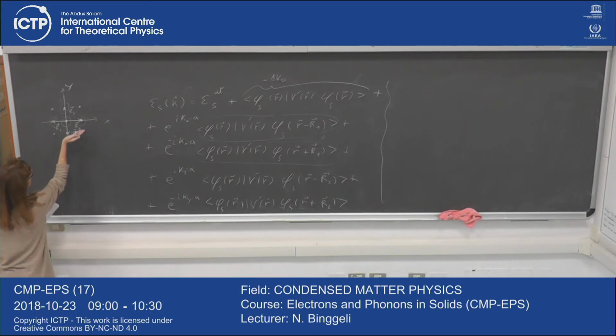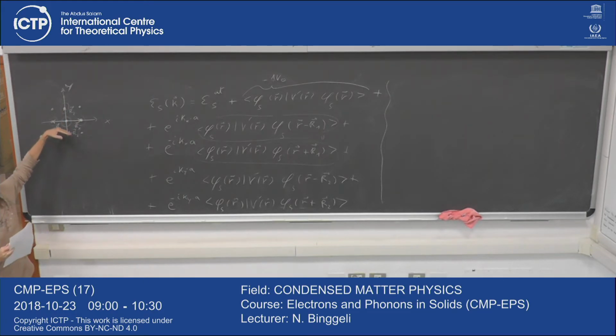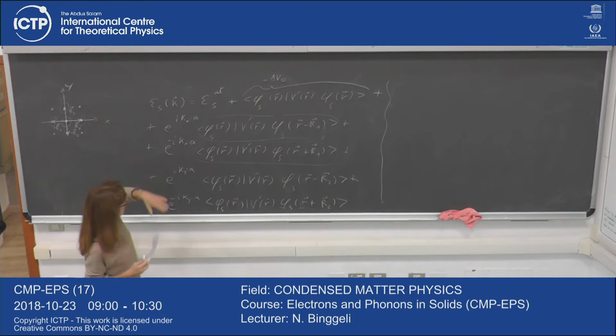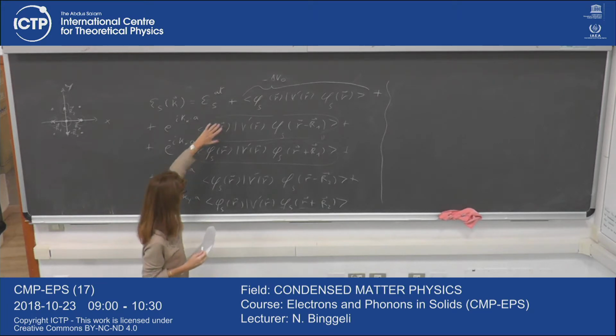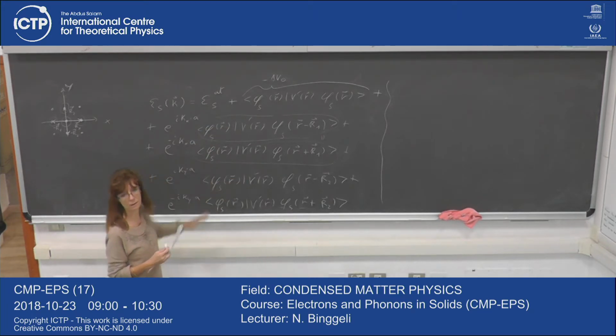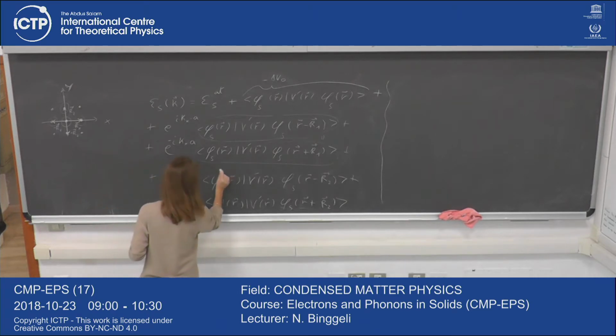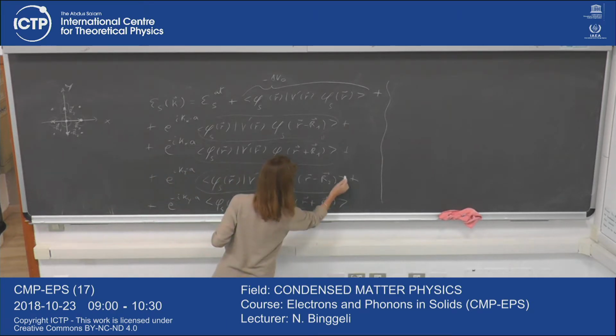And if I rotate by 90 degrees, I transform the crystal field into itself, and I transform this part into this part, so the integrations are exactly the same. That is, this integration and this integration give the same matrix element.